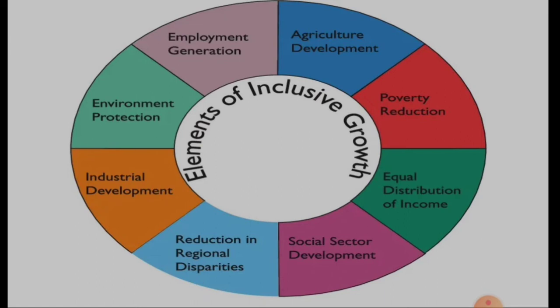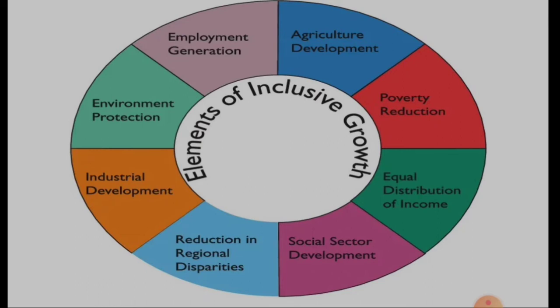So we all know that these points are very important, that is employment generation, agriculture development, poverty reduction, equal distribution of income, social sector development, reduction in regional disparities, industrial development, and environment protection. So environment protection is needed so that our country develops sustainably, and the resources that we have today, the future generation should also be able to enjoy and utilize these resources.